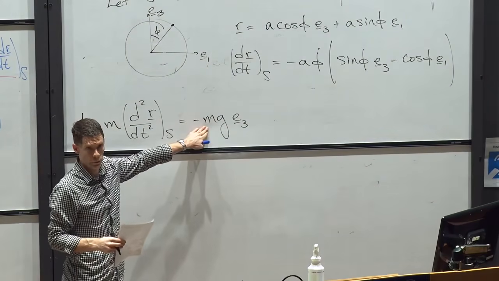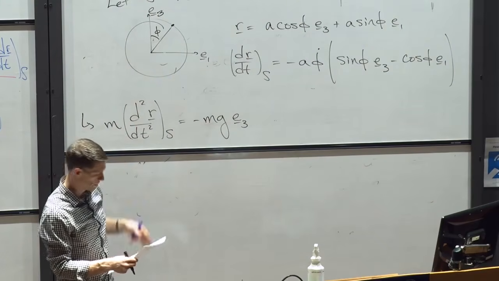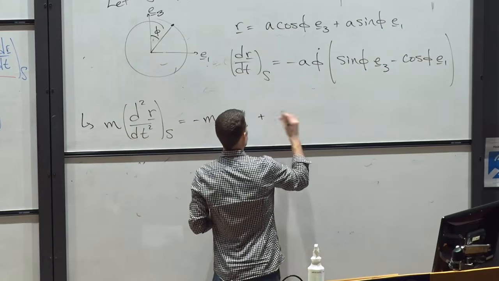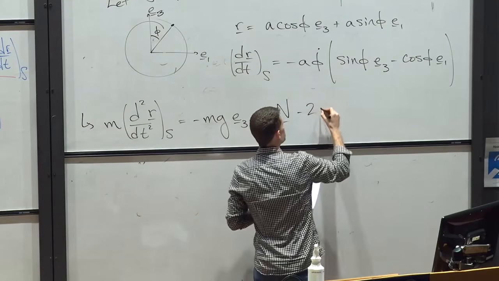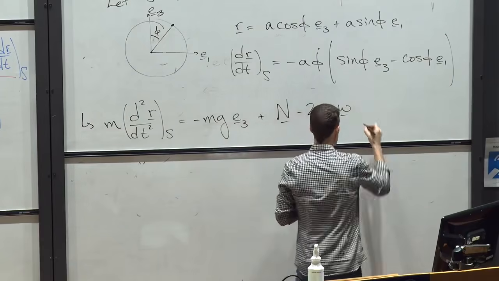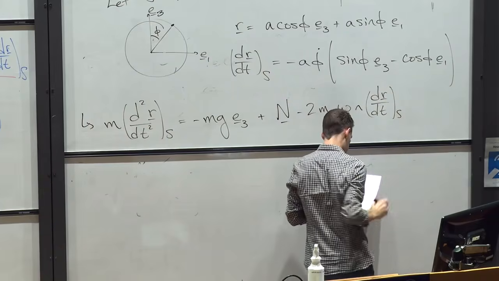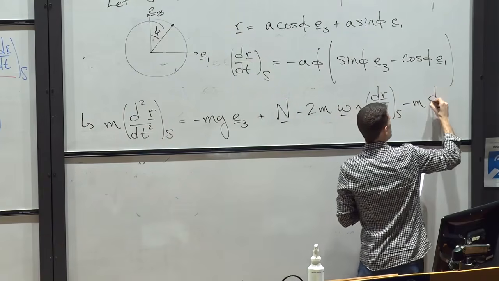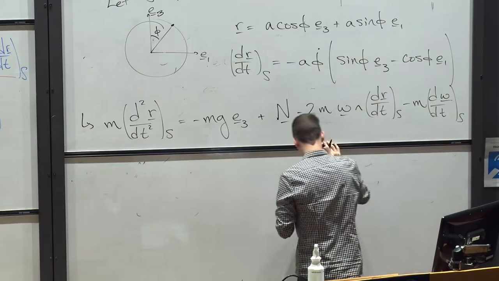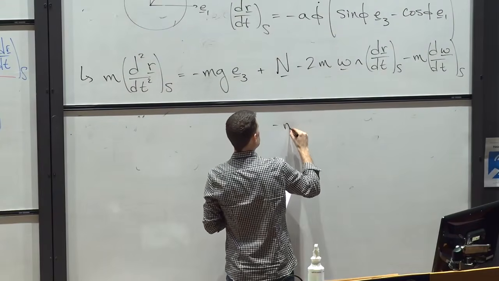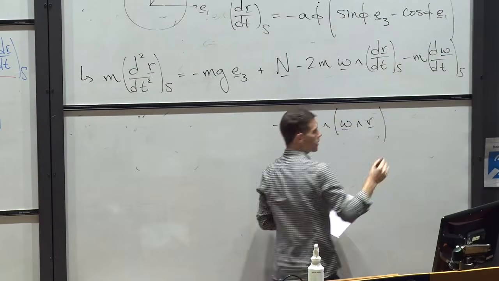Gravity's the sort of force I know about, plus all these fictitious forces that come from the fact that my frame is rotating. So plus, be careful, there's a normal reaction force. There's minus 2m omega cross dr/dt in the S frame. There's minus m d omega/dt in the S frame. And there's minus m omega cross omega cross r.